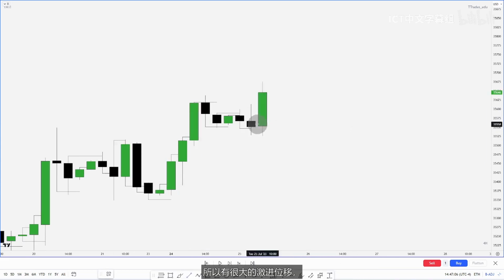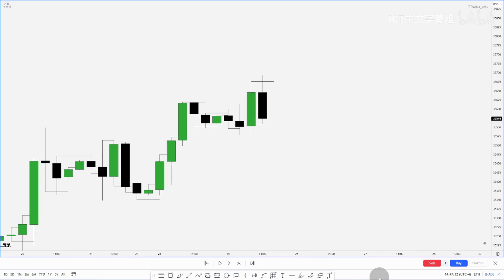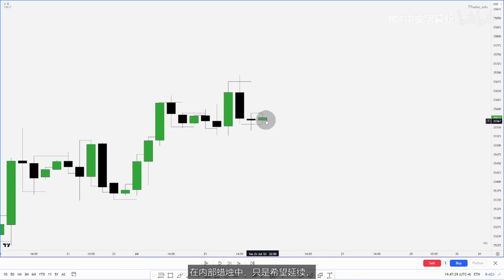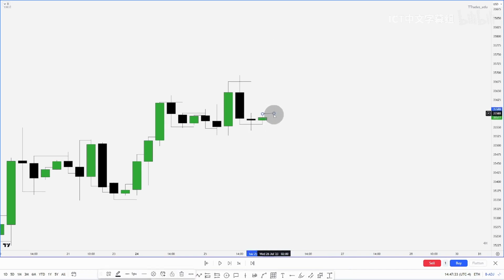Okay, so large aggressive displacement out, so I could be looking for the previous candle's high. Right here, take the previous candle's high, close back in, can be looking for the previous candle's low. Here we take that, can't close out, can be looking for the previous candle's high. Inside candle, just want a continuation, so I reach for this high or this high.